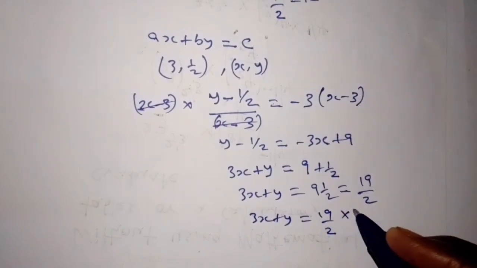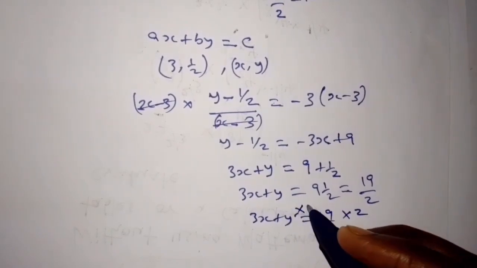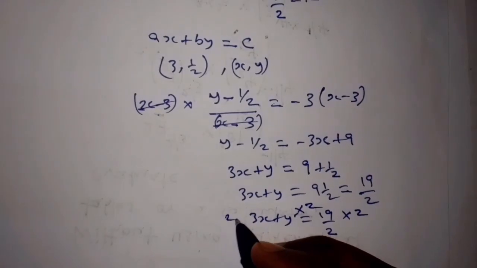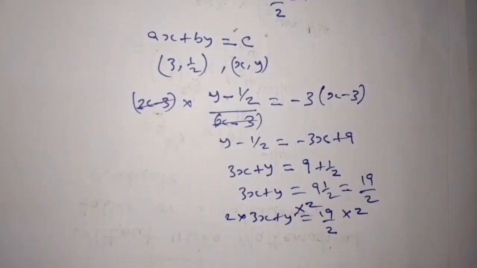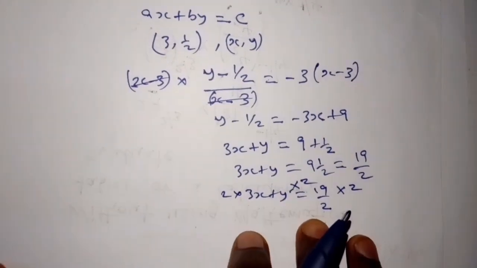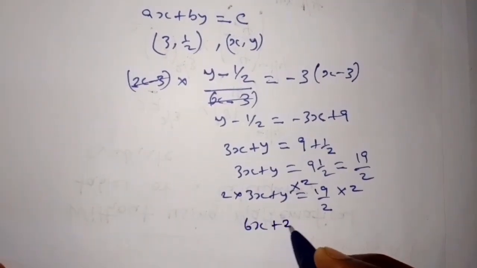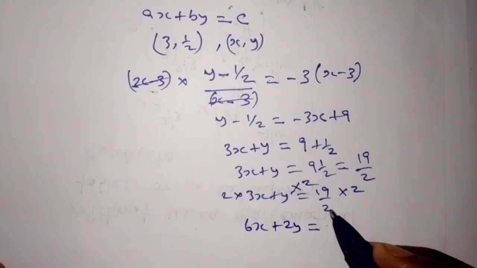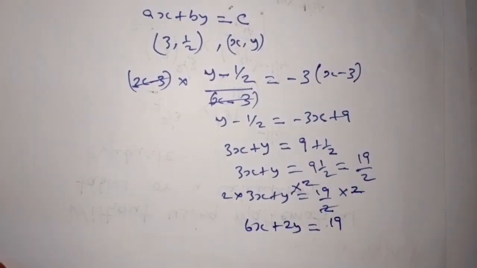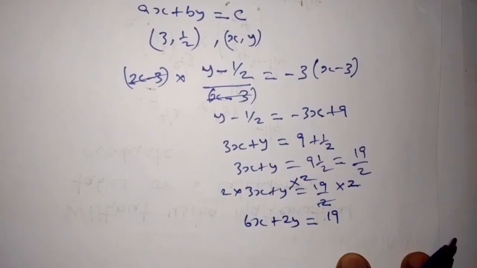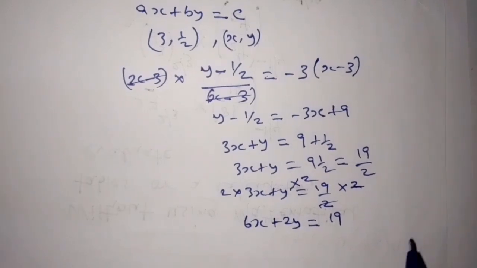We can multiply by 2 here. So when we multiply here by 2, this is 6x plus 2y is equal to 19.